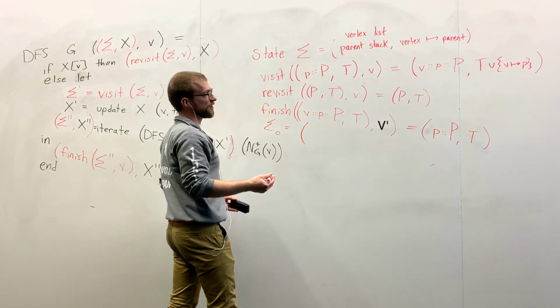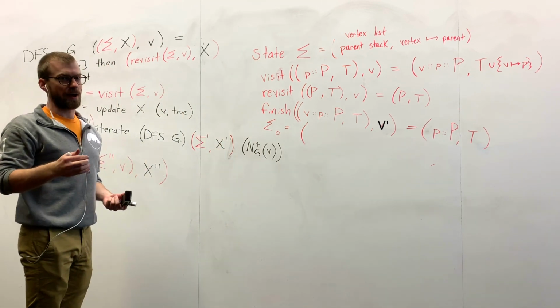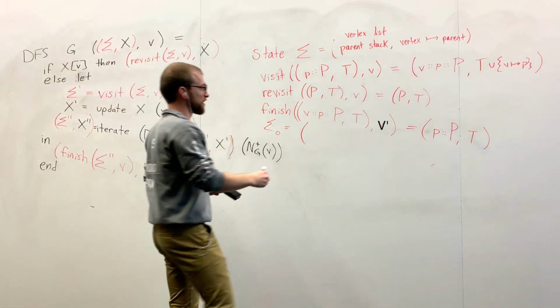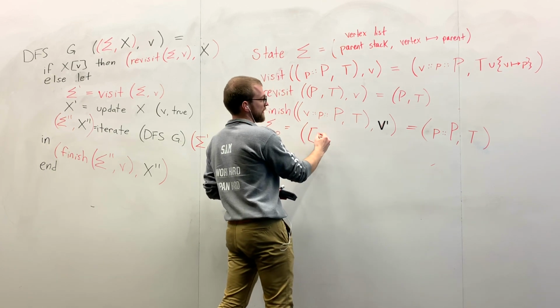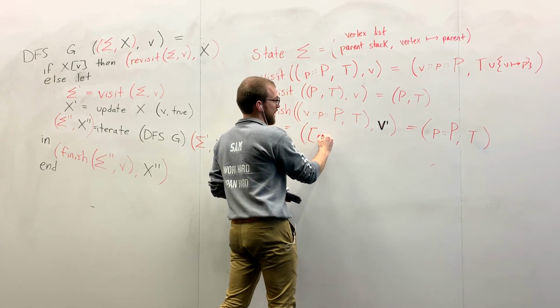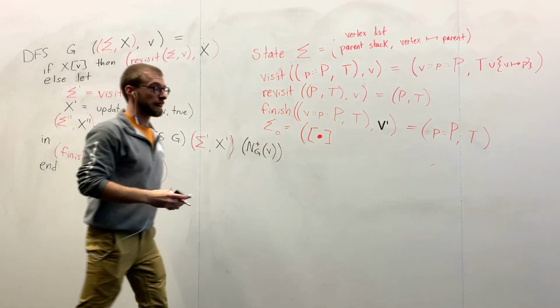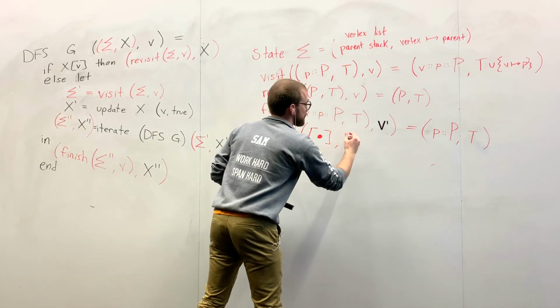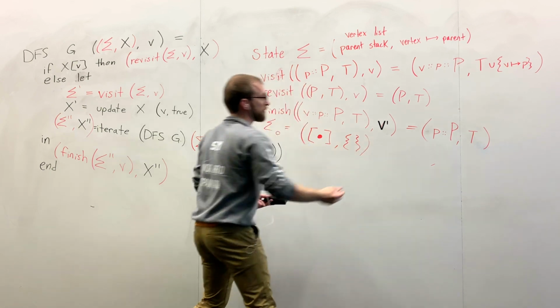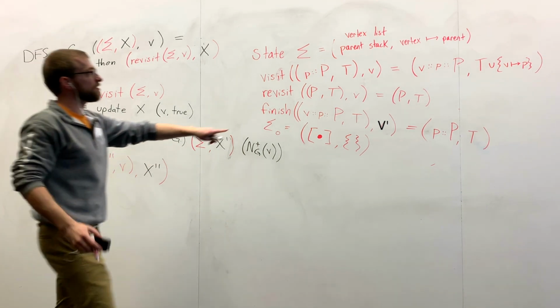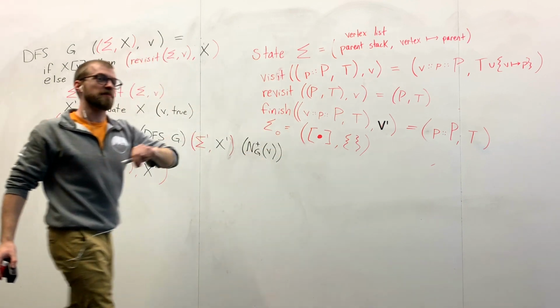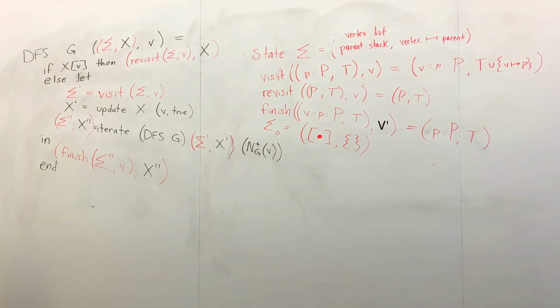So I mentioned that we were going to map the roots to this special none value, which we mark with a dot. So our initial parent stack is going to be a singleton list with the dot. And initially we have an empty mapping for the vertex to parent mapping. And with this code, if we run generic DFS and we look at the final value of t, it will tell us the mapping of each vertex to its parent.